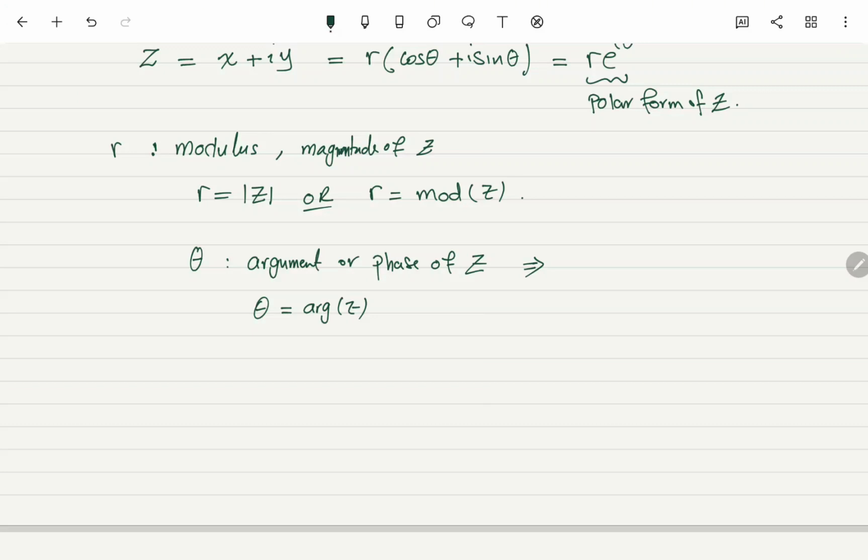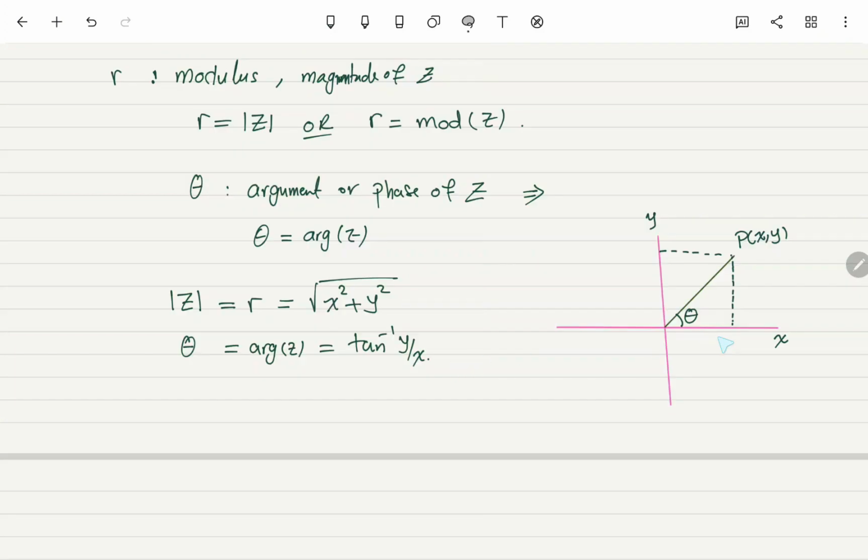Based on the above, the magnitude of z equals r, which equals the square root of x squared plus y squared, and theta is the argument of z, which equals tan inverse y over x.